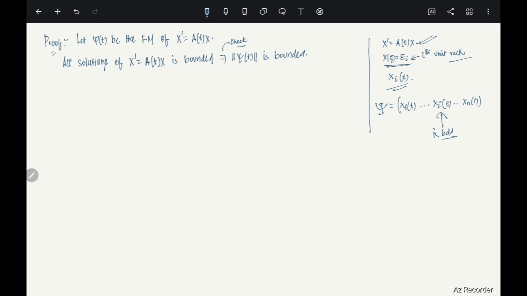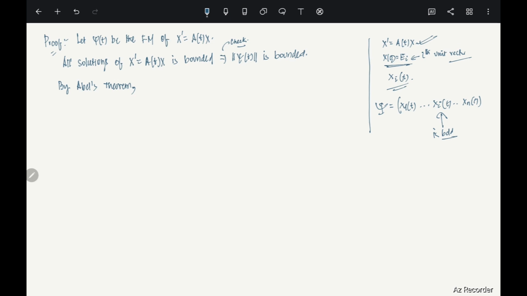Now you remember Abel's theorem, right? We showed using Abel's theorem that if the set of vectors is linearly independent at one point, it has to be linearly independent everywhere. We proved that part. Here also we are going to use Abel's theorem.